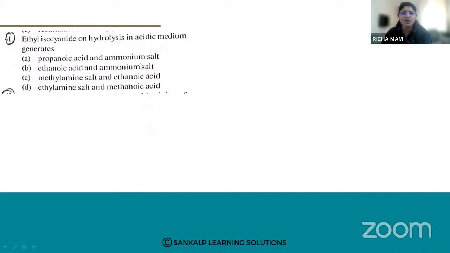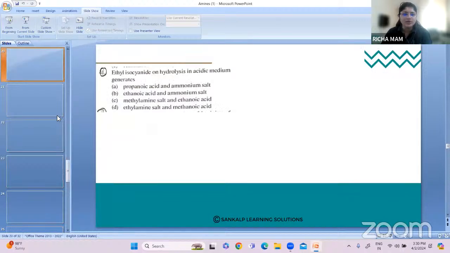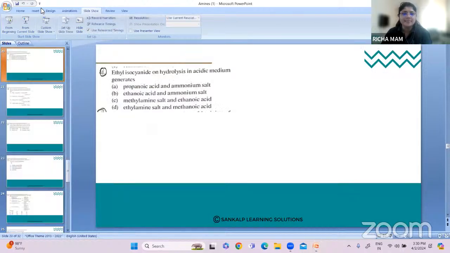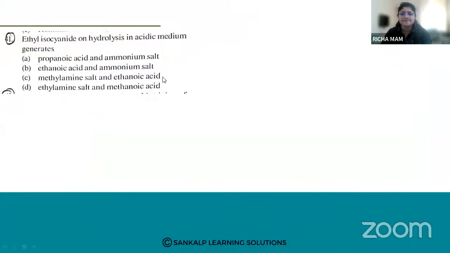Ethyl isocyanide on hydrolysis in acidic medium generates what? Let me write the structure. This is ethyl isocyanide, NC. I'll do hydrolysis of ethyl isocyanide, with H2O in the presence of H+ ions.